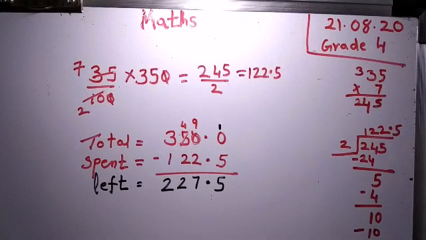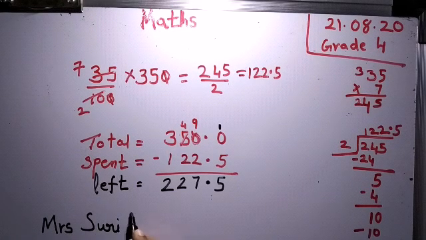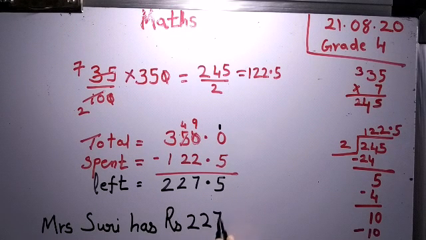So you will say, Mrs. Suri is left with rupees 227.50, or you can make it 50. Okay, left. Right?